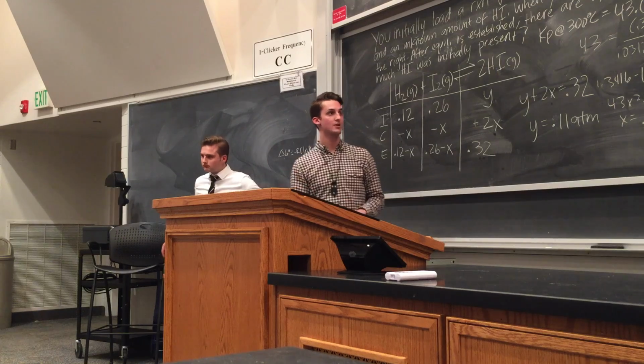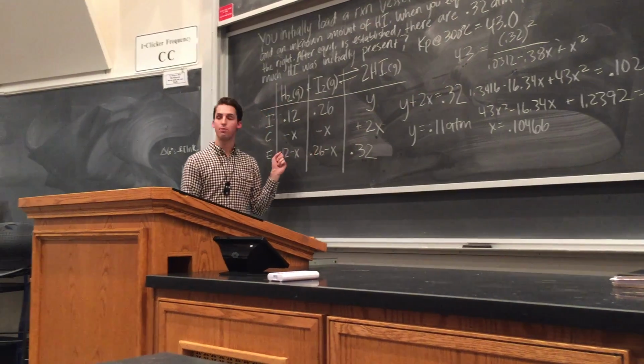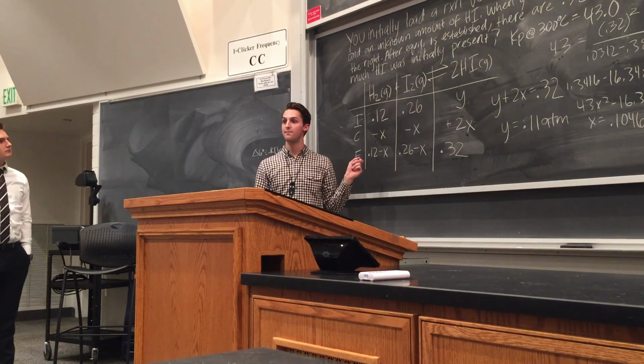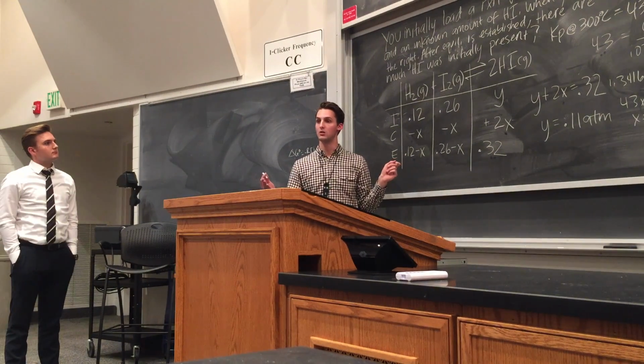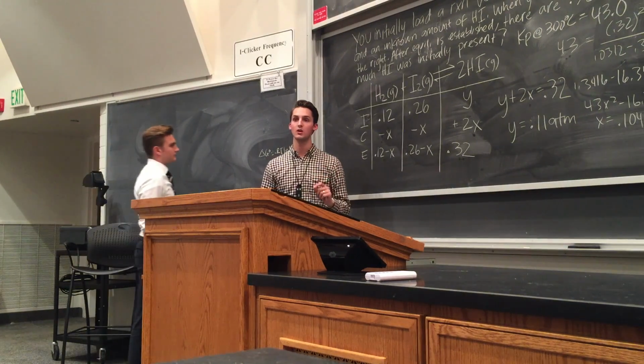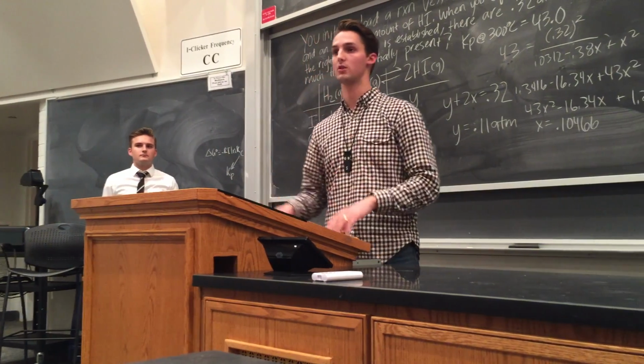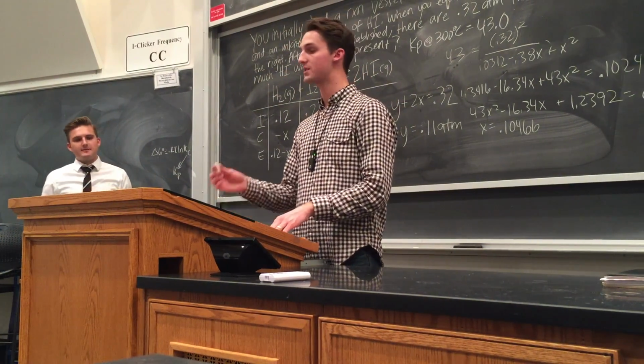So Braden's going to talk about it too, but basically what you do here is you take 43 divided by 0.12. If that is 1,000 or more, then you can neglect the x. If it's not 1,000 or more, you can't neglect the x, and you have to go through and solve with your solver in the quadratic. Bray's going to do it as well.